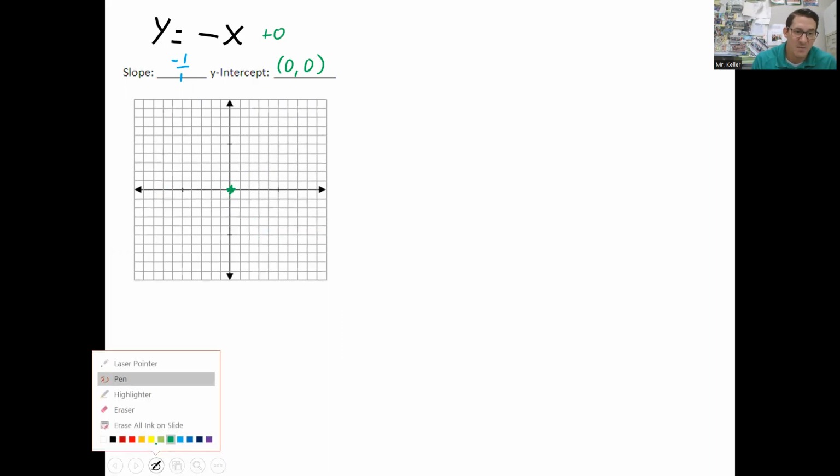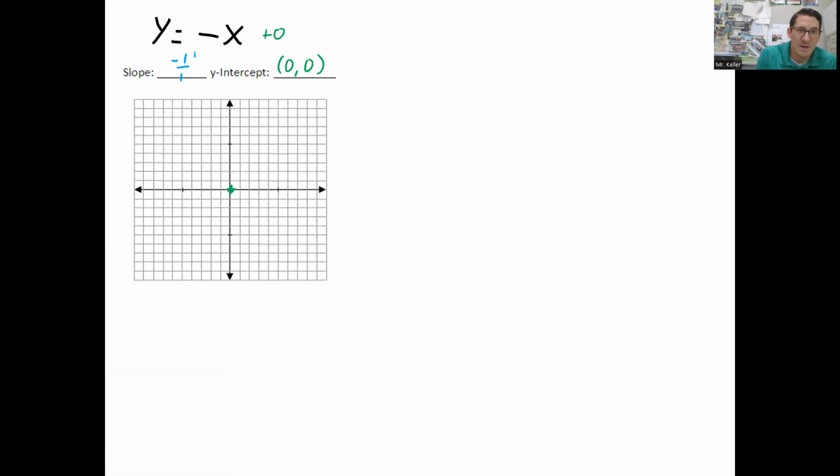And with that -1 slope, that means I'm going to go down 1, then right 1. Down 1, right 1. Down 1, right 1. Down 1, right 1. You can go in the opposite direction, up 1, left 1. And connect your points with a straight line. Kind of straight.